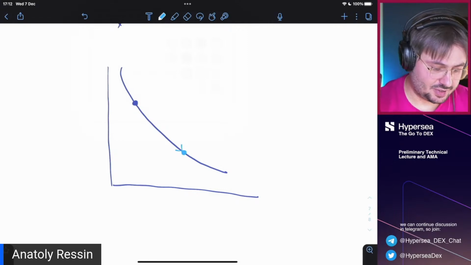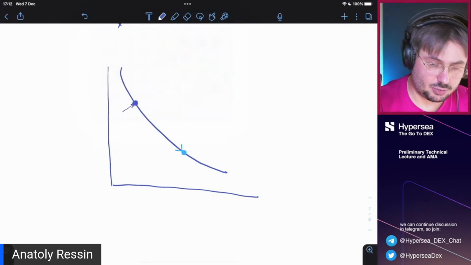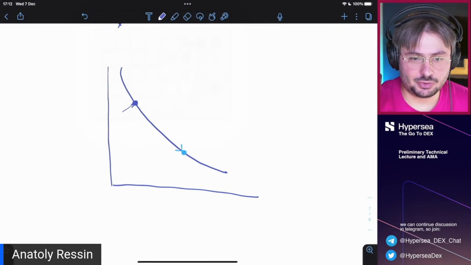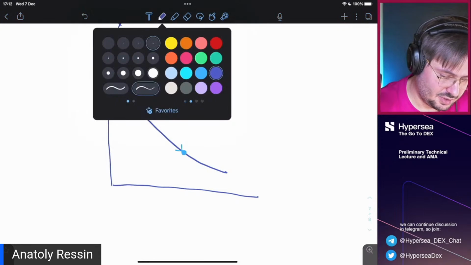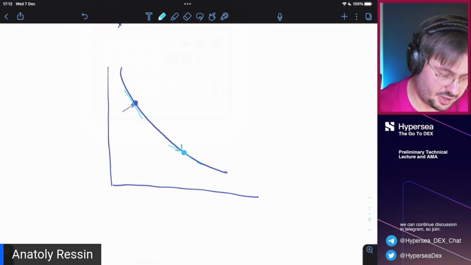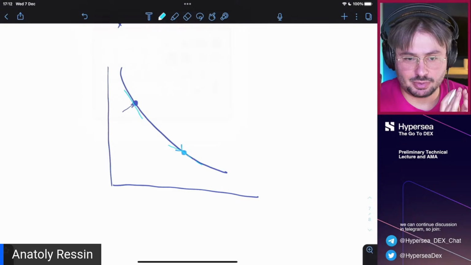So it means that our fair market price was here, but somebody moved us along the curve to the position where we are here, and the slope here and the slope here are different. So it means that the prices here are different.